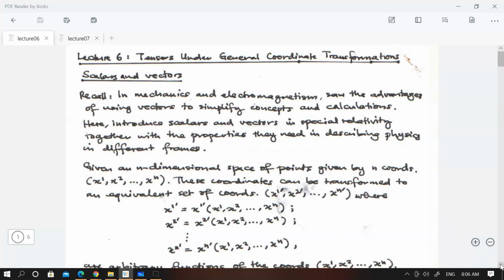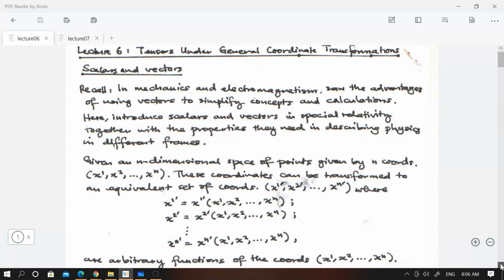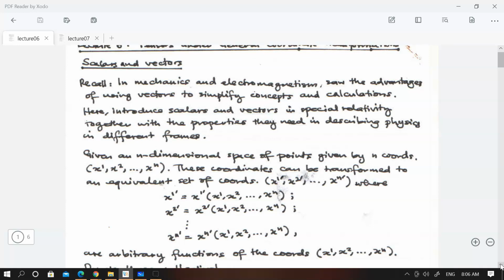And in relativity, we tend to use a much more general object called tensors. Tensors also help a lot in writing down the equations. It makes things rather simpler than just writing out all the components. So let me begin by saying what scalars and vectors are, particularly for special relativity.